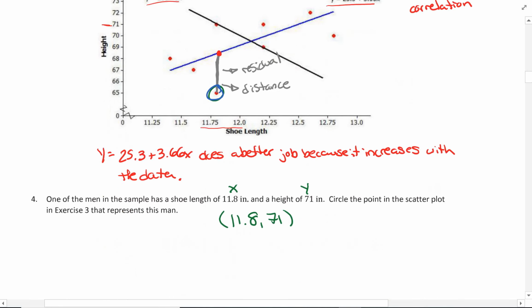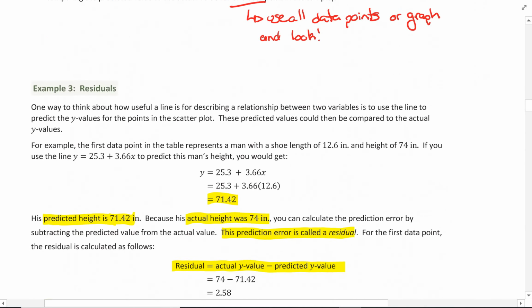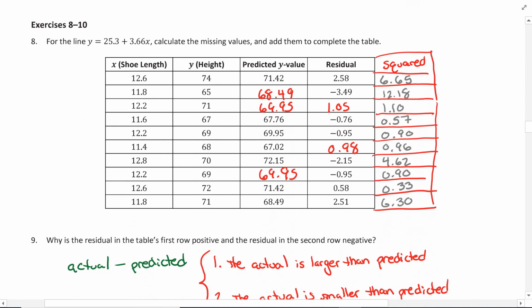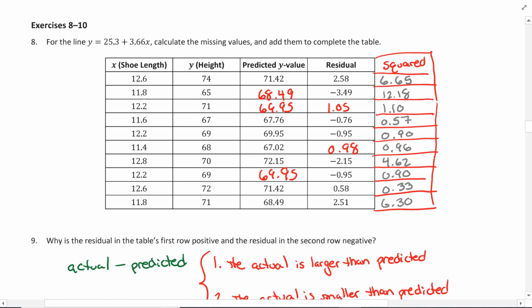But think about it and look at our table we just created. If we look at our squares, first off, whenever you square a negative, you get a positive. But notice what happened with the residuals that were not between -1 and 1. What happened to their squared term? Well, 2.58 squared is, what? That's large.